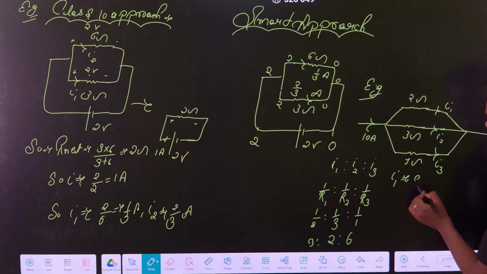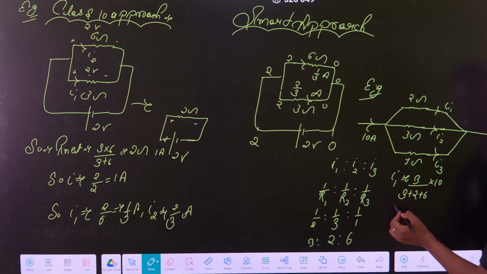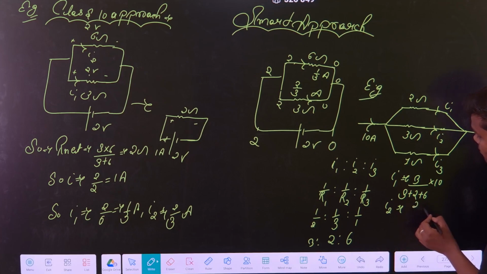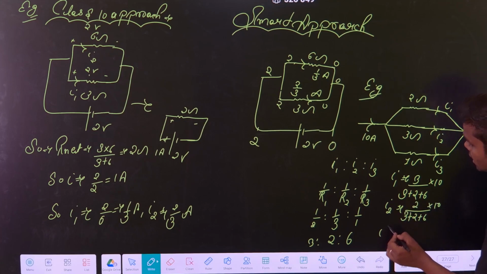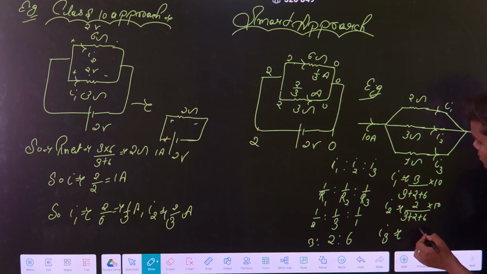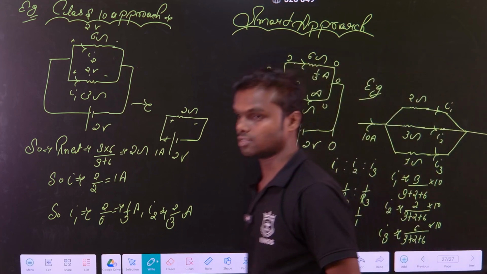I1 is 3 upon 3 plus 2 plus 6 into 10 ampere. I2 is 2 upon 3 plus 2 plus 6 into 10. Similarly I3 is 6 upon 3 plus 2 plus 6 into 10. That is my I1, I2, I3.